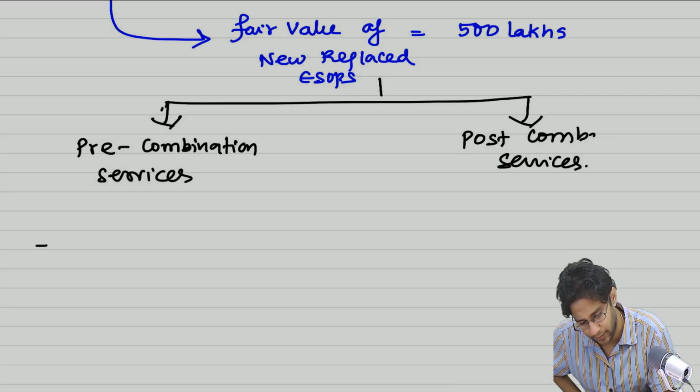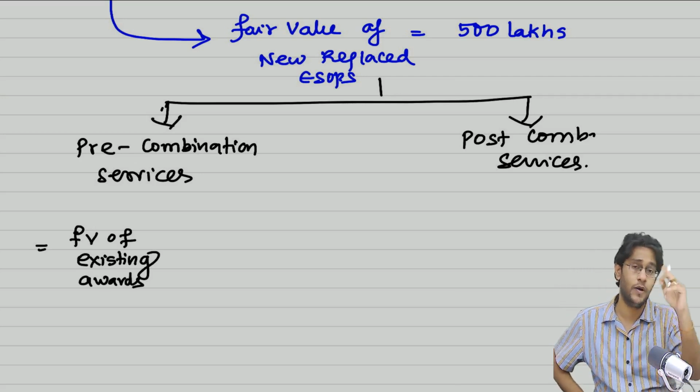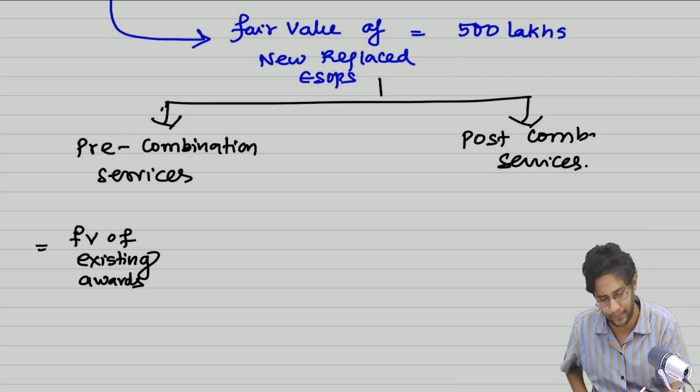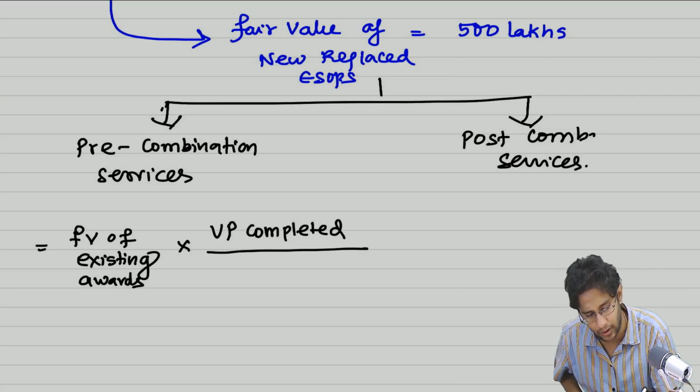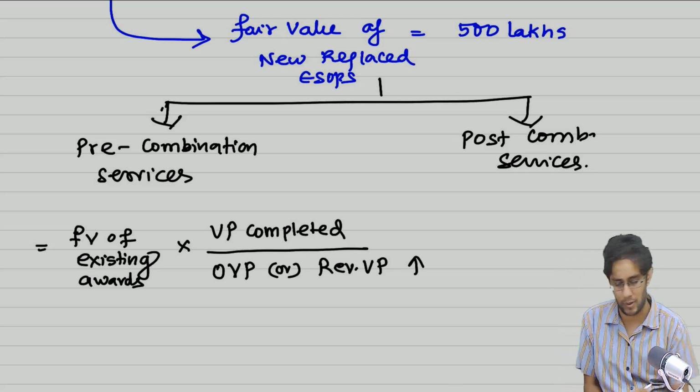For that there is a formula: fair value of existing awards, which means not what A gave to employees, but what B originally gave to employees, into the vesting period completed till date, divided by the original vesting period or revised vesting period, whichever is higher.